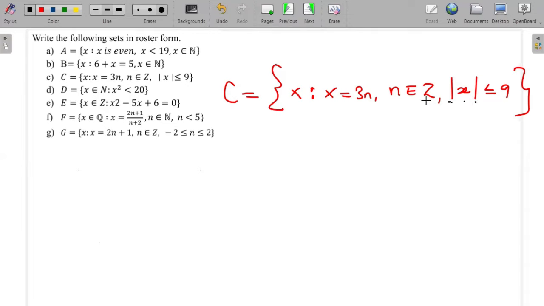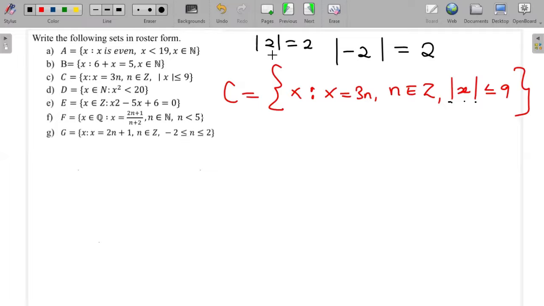These are what we call modulus or absolute bars. What the absolute bars do is that they make whatever number is in between them positive. So if I have the absolute bars of minus 2 like that, this is the same as positive 2. The absolute bars of 2 is also 2.